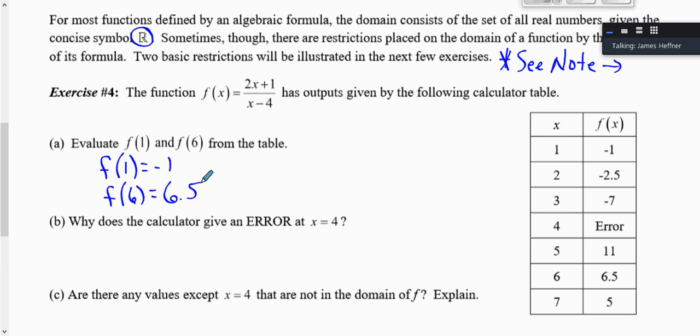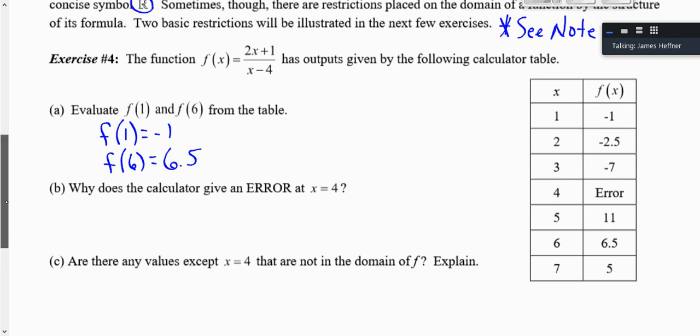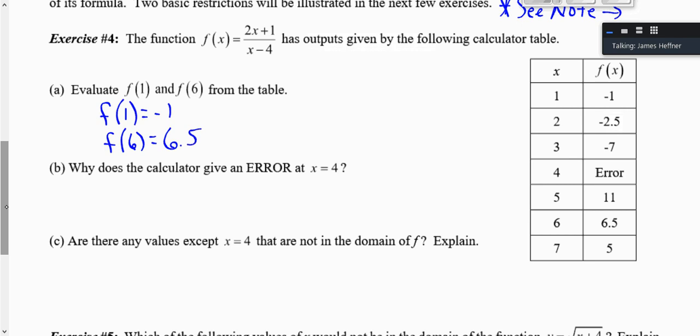Not a problem there. Now their calculator gave an error at x equals 4. Why would that be? What would cause a problem with that function? 4 minus 4 equals 0. Right. If I put an x of 4 in there, that becomes a 0 in the denominator, right? And you cannot divide by 0, right?